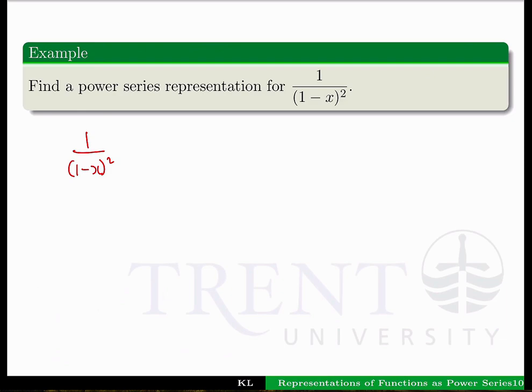But take note, this is equal to the derivative with respect to x of 1 over 1 minus x, correct?